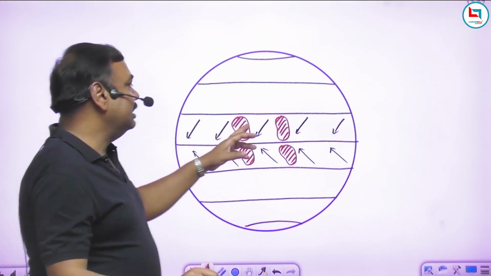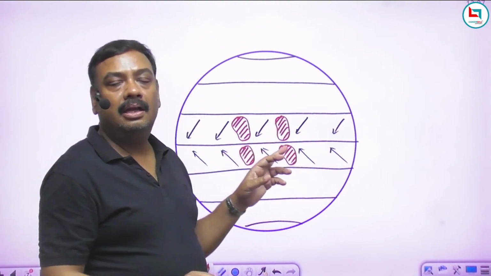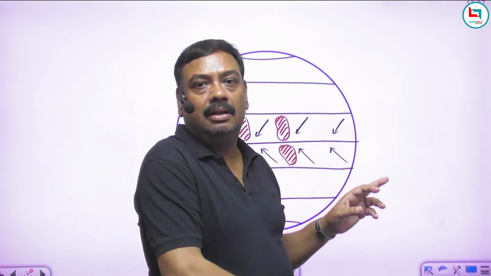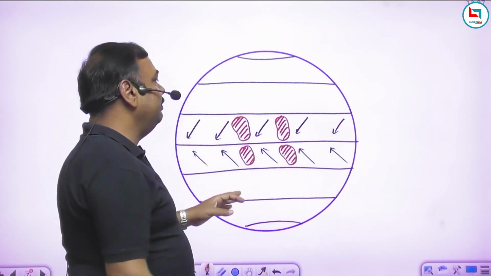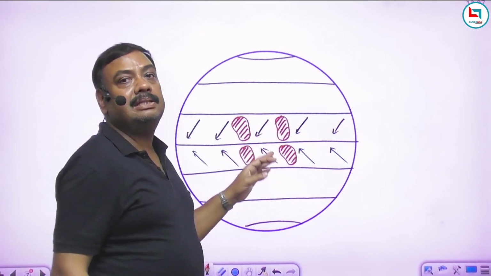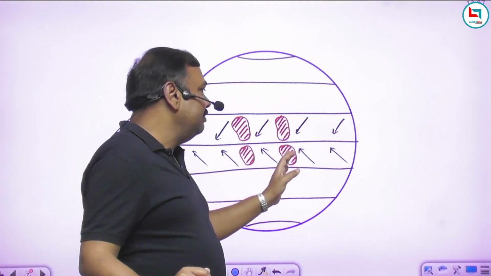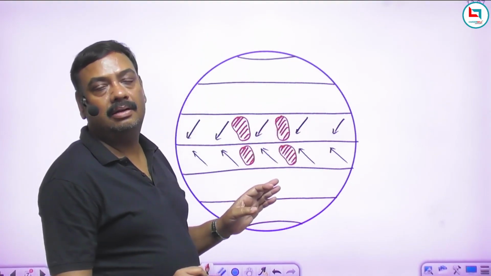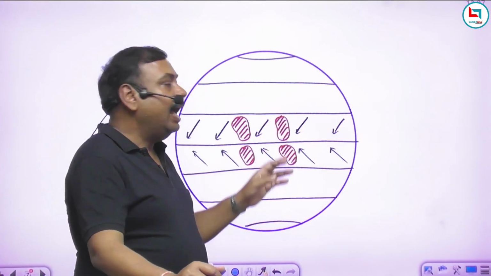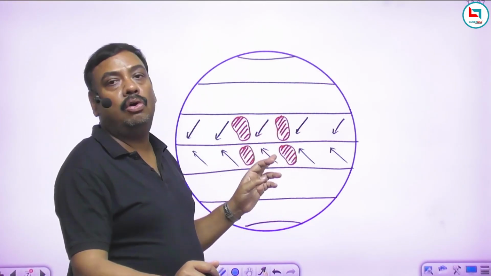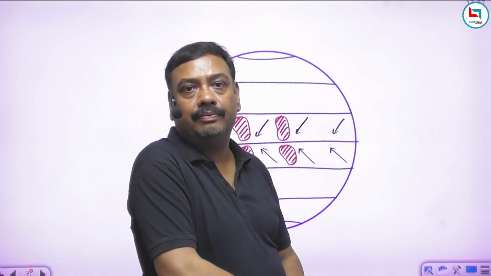Now, if you consider this piece of land here in between these winds, one can observe that the trade winds are onshore on the eastern margin of the land, on the eastern coast of the land, and these winds are offshore for the western coast of the land.